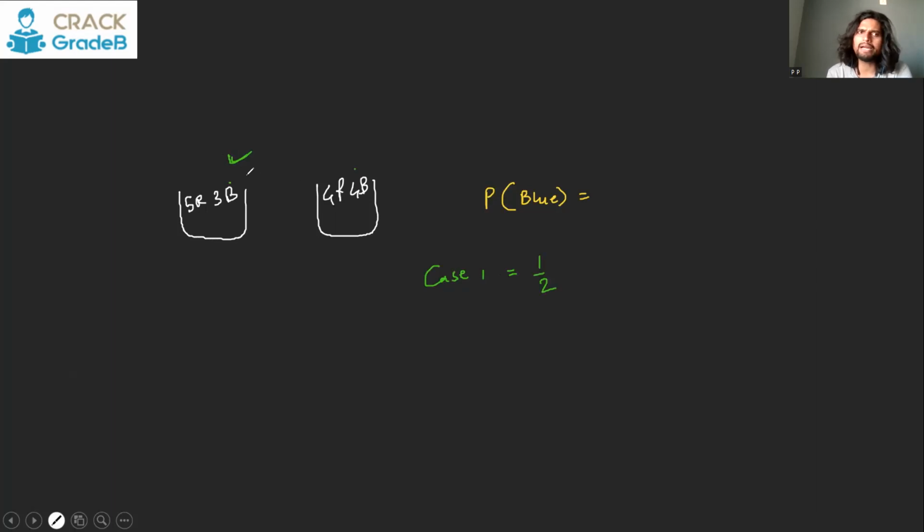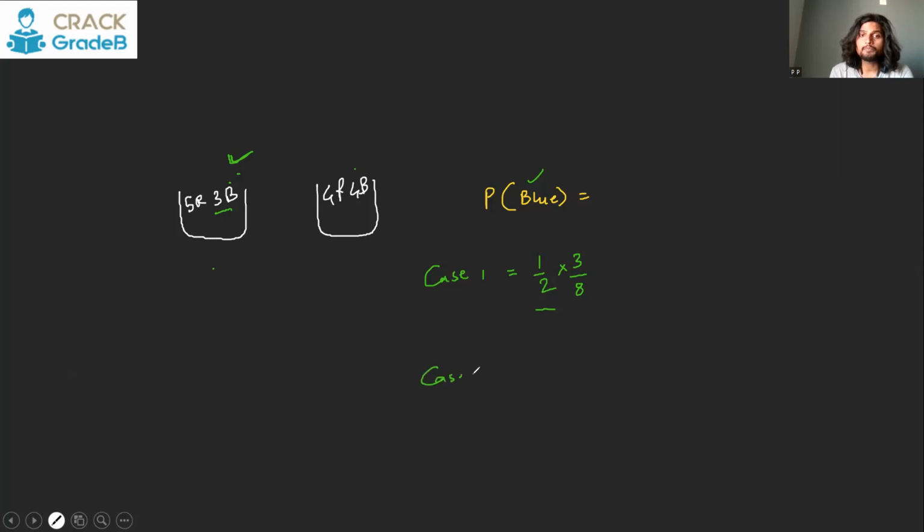So with the probability 1/2, you selected this bag. And within this bag, what is the probability that you select a blue ball? Because you are drawing 1 ball, you can directly say 3/8. So for drawing a blue ball from this bag, the probability is half for selecting this bag and 3/8 for drawing a blue ball out of it.